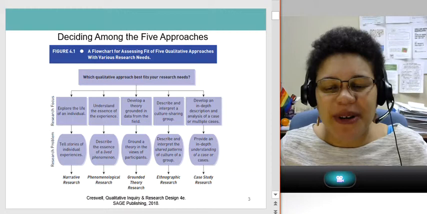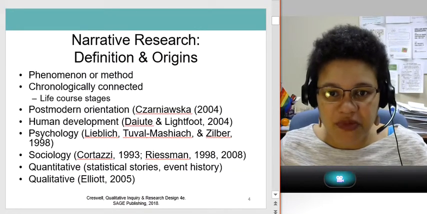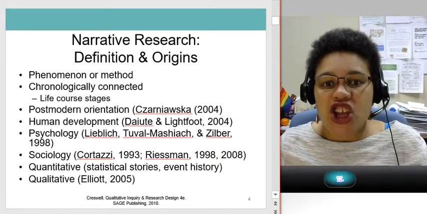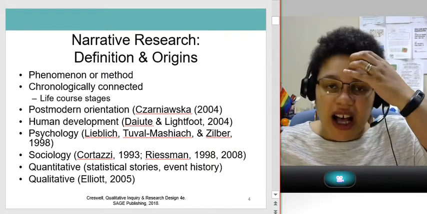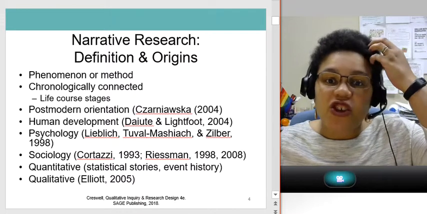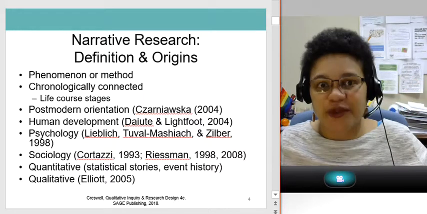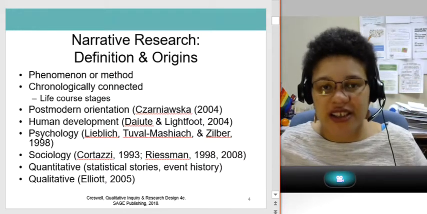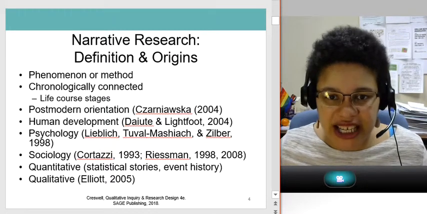All right, so let's talk about narrative research a bit. So, you do start with a phenomenon or method. They usually, the narrative or story that you're going to be sharing with your readers is chronologically connected.